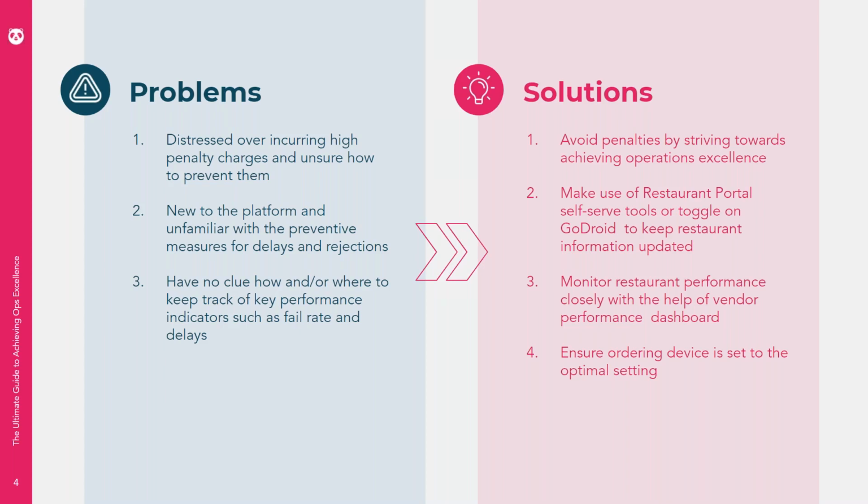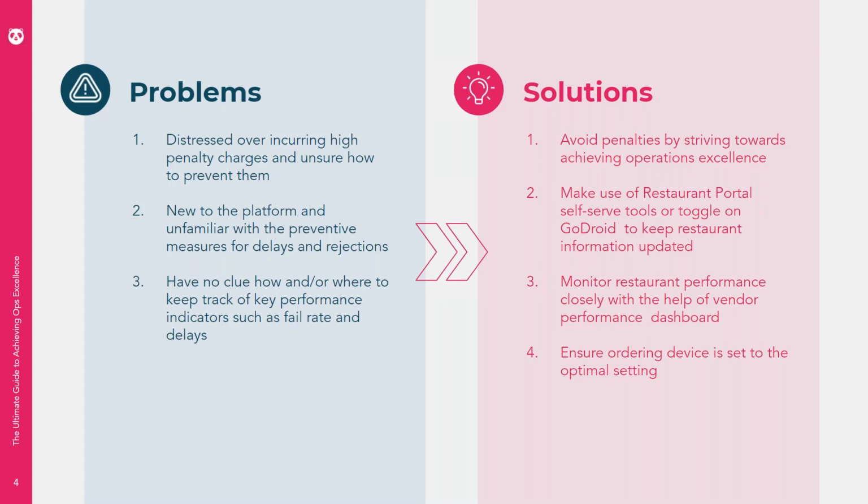And secondly, we understand that some of you are new to the foodpanda platform and unfamiliar with the preventive measures for delays and rejections. And third, we also notice that some of you may be wondering how or where you can keep track of your restaurant performance. For example, you want to know your fail rate, your offline hours, or your conversion rate.